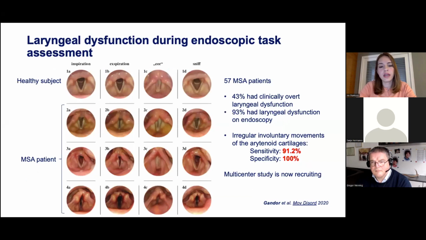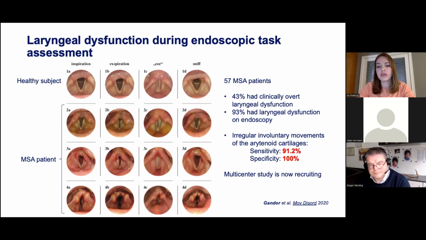This is another recent development in terms of diagnostic tests for diagnosis of MSA. Laryngeal dysfunction during endoscopic task assessment has been shown in one study to be almost 100% accurate for the diagnosis of MSA versus Parkinson's disease.